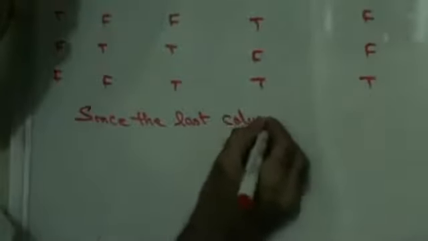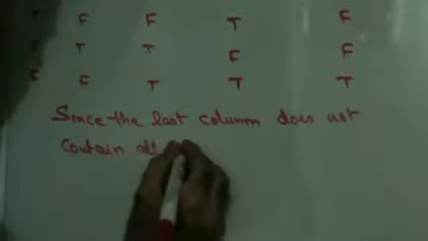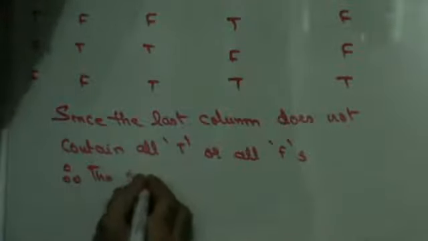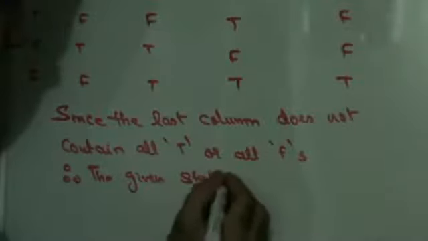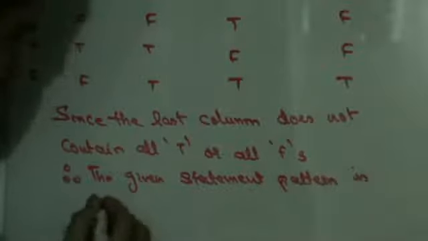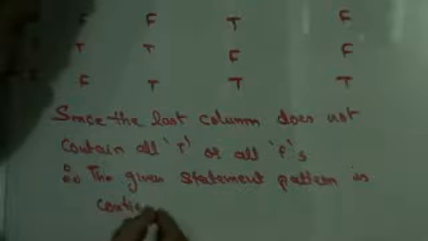When the last column does not contain all T's or all F's, then it is called a contingency. Since the last column does not contain all T's or all F's, therefore the given statement pattern is contingency.